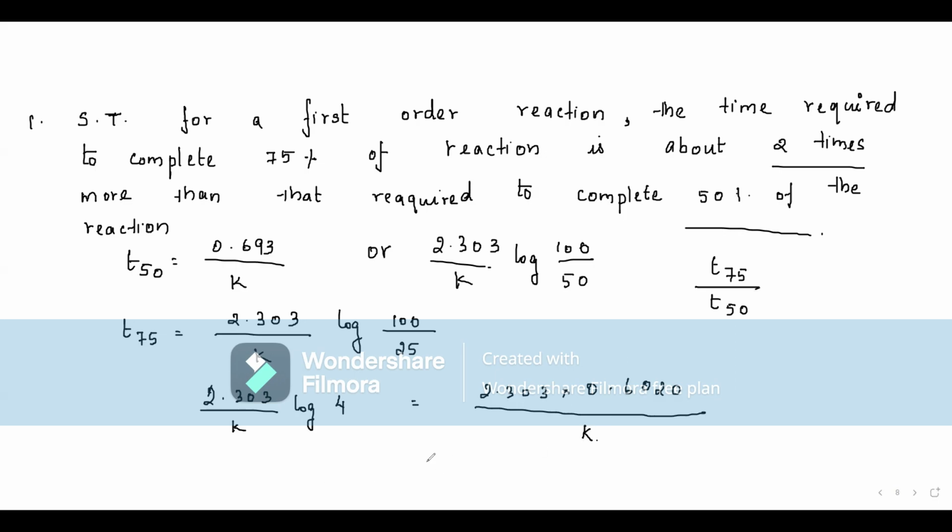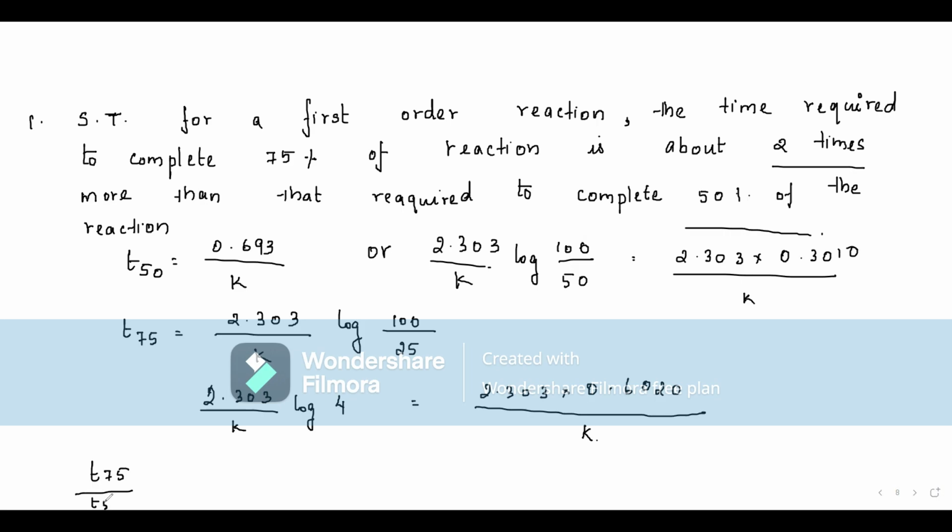So we are not solving this at this stage. And also here, you know, T50 is 2.303 by K log 100 by 50, which is 2.303 into 0.3010 by K.